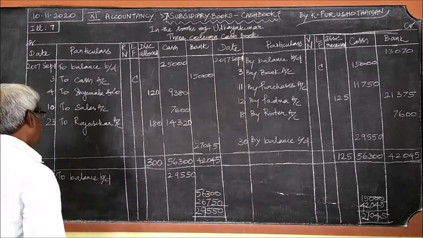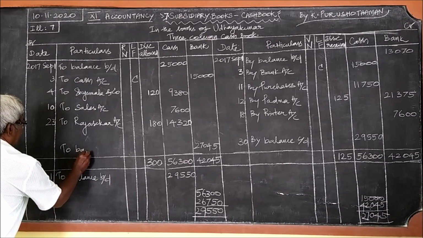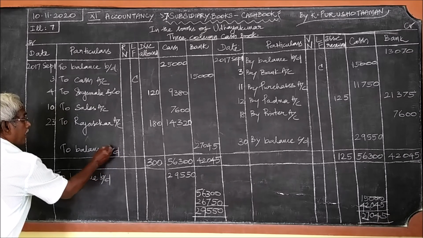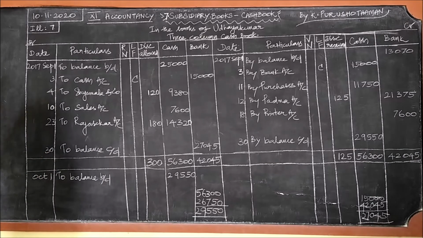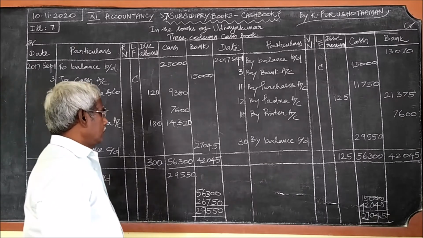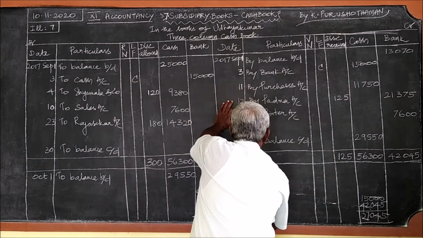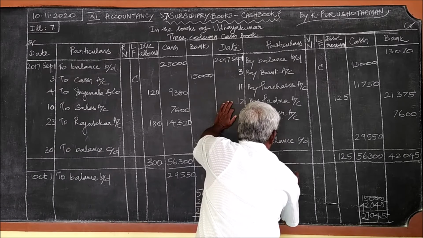For this, what do we have to write? To balance carried down. The date is the last date of the month, September. Since this side is carried down, the balance brought down will be on the opposite side.